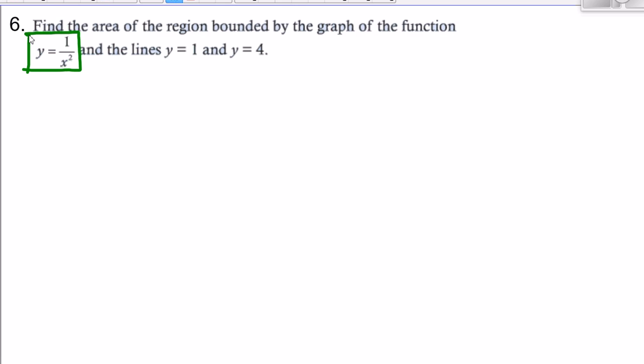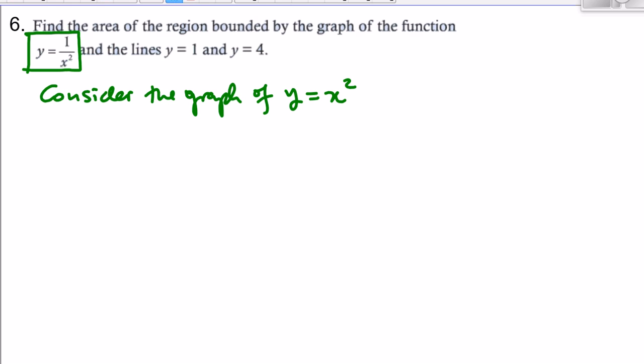Now, this is what you covered previously. When you are looking at functions, consider the graph of y is equals to x squared. Now, suppose you want to get this graph from that. There are few things that you need to remember, what we covered previously.